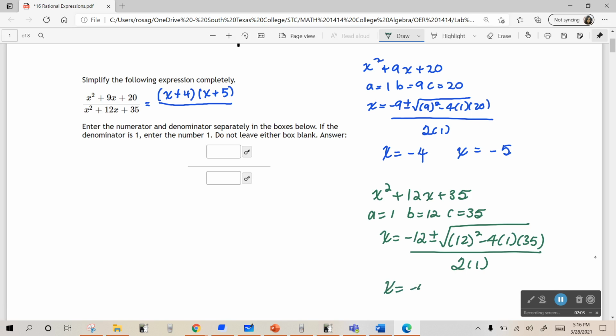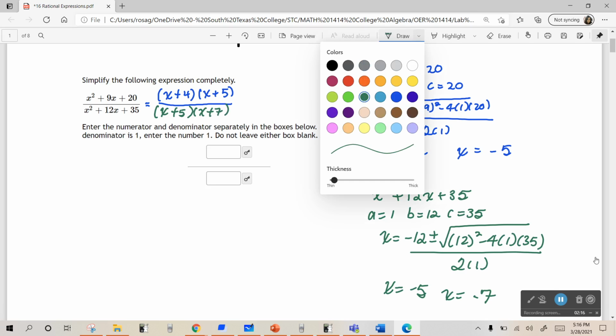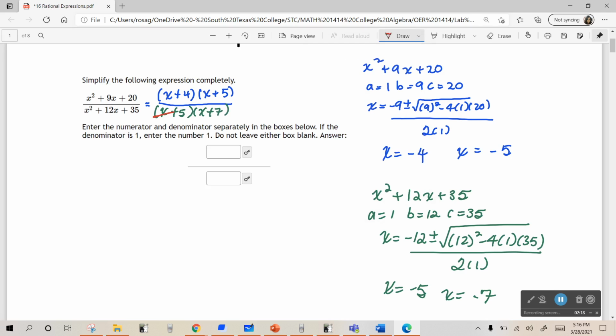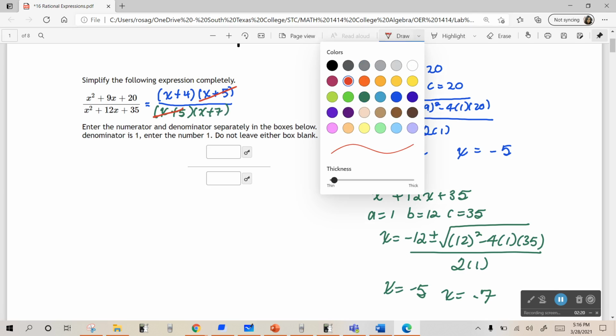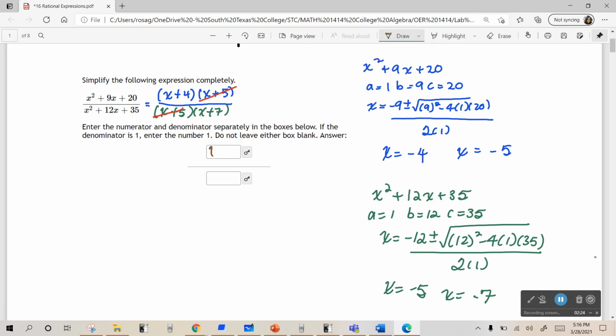So I get -5 and -7. When I put them in here, remember you change the sign, so it'll be x plus 5, x plus 7. And then the terms that are the same, you can cancel, like the x plus 5. So your final answer will be x plus 4, x plus 7.